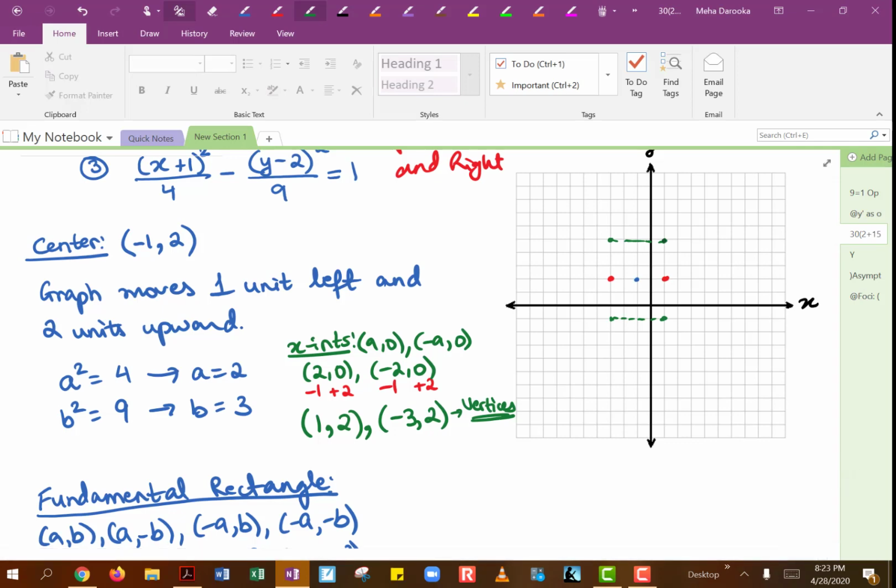Let me see. And then when you extend out the diagonal, we're going to use our center to help us out a bit. Okay, let's see. As straight as you possibly can.